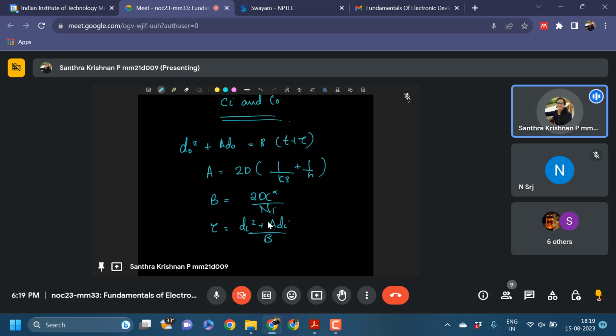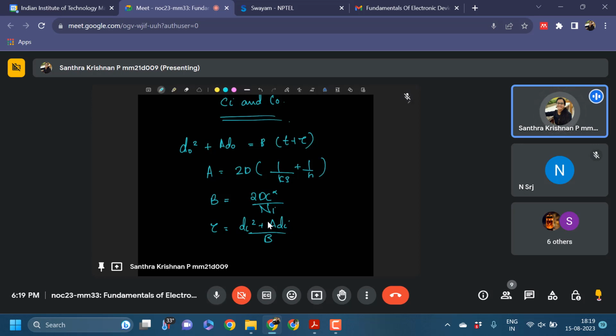The in-depth explanation of how we arrived at the equation D0 square plus A D0 is equal to B into (T plus tau) is not required. The first thing you need to know is that there will be three fluxes associated, and once you know the three fluxes, you will be able to get a generalized equation: D0 square plus A D0 is equal to B into (T plus tau).